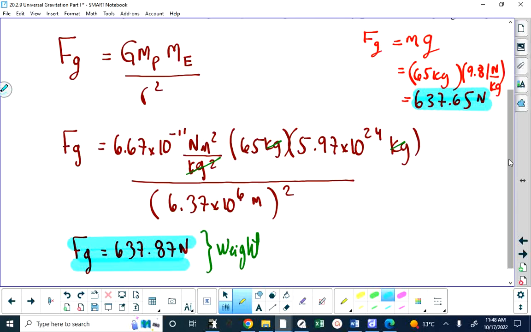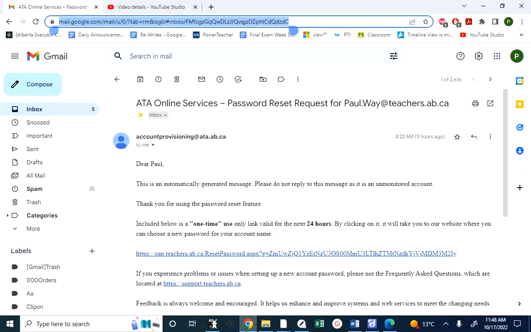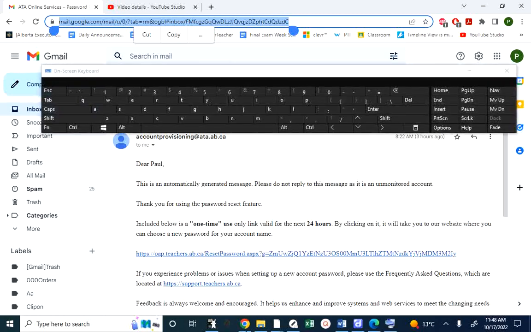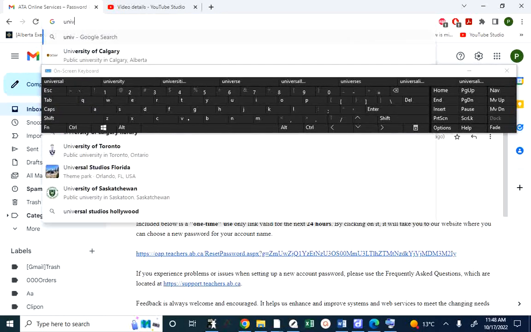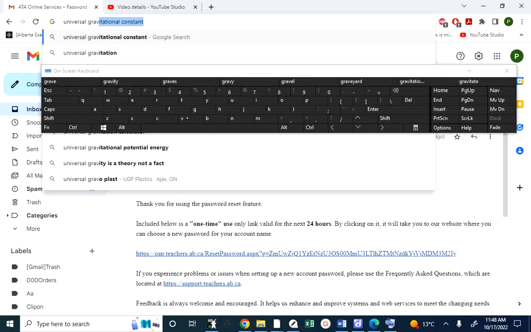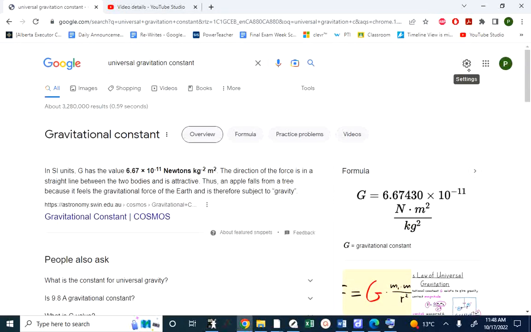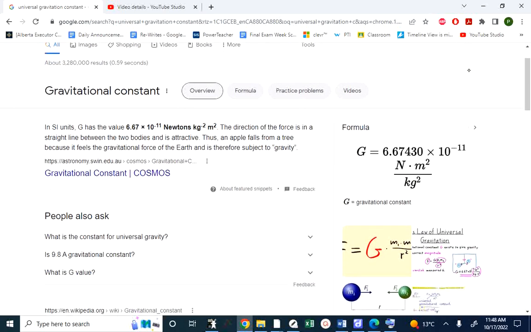In fact, if you look up Newton's universal law of gravitation, capital G, even with that, it's not exactly 6.67.